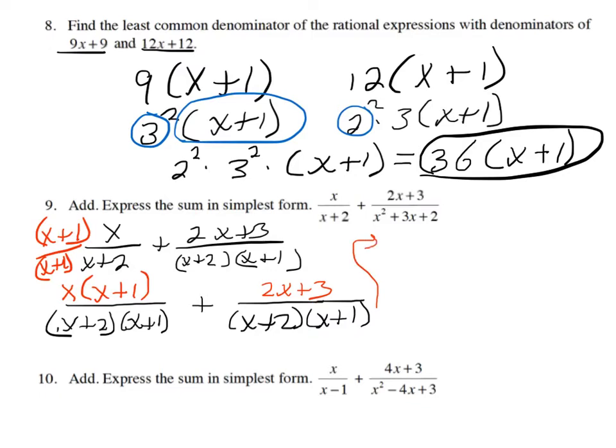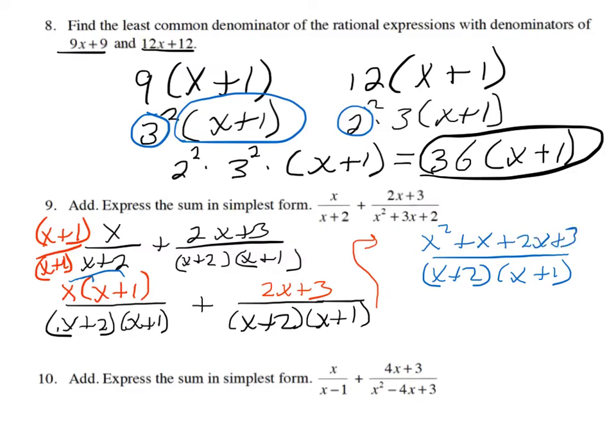So I have, for my denominator, x plus 2 and x plus 1. In the numerator, I'm going to distribute this in as I write it down. So I have x squared plus x plus 2x plus 3. Now I'm going to add like terms.